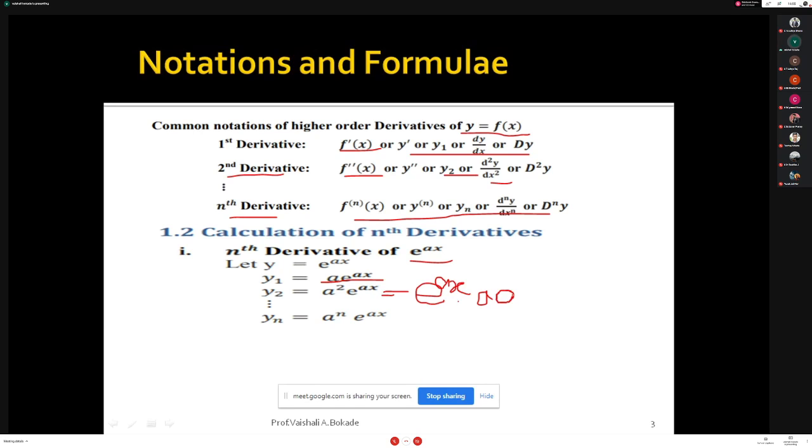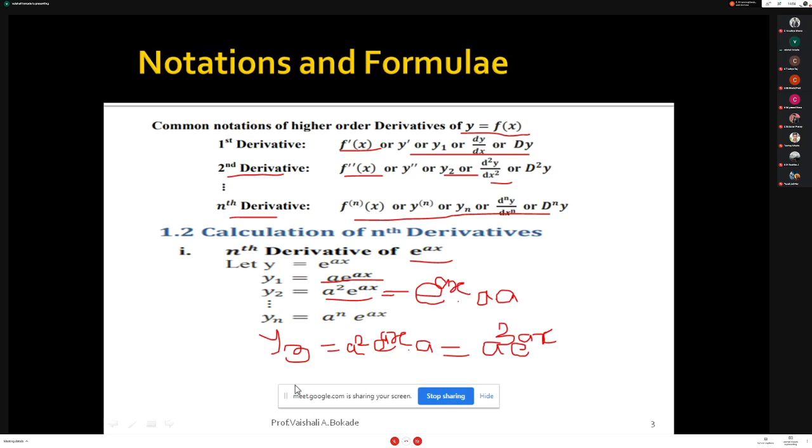That's why for y2 I have a into a, as a square e raised to ax. If I differentiate again, for y3 I have a square into the derivative of e raised to ax, so e raised to ax into the derivative of ax, which is a. So I get y3 as a cube e raised to ax.